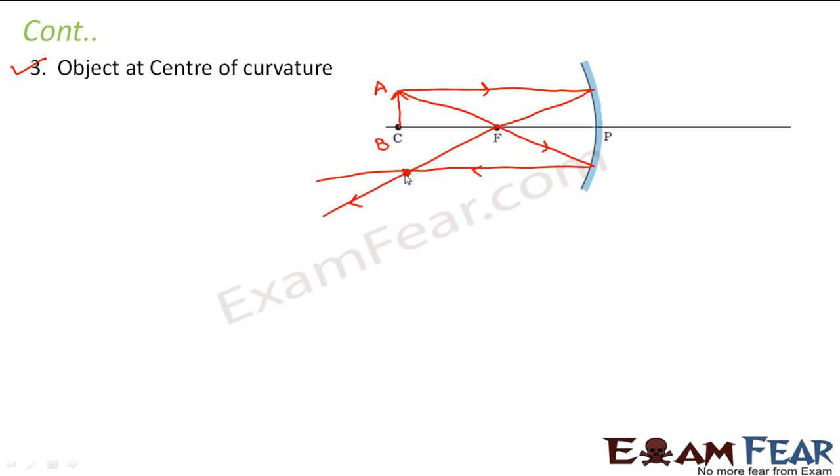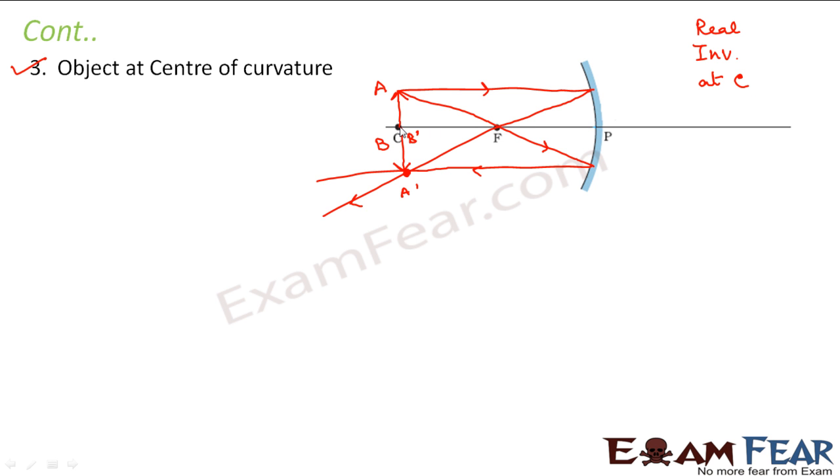So what do we see? They meet at this point. That means an image will be formed here, and we call this image B dash A dash. So what is the nature of this image? It is real because the rays are actually meeting at this point. It is inverted. What about the location? The location is the center of curvature.